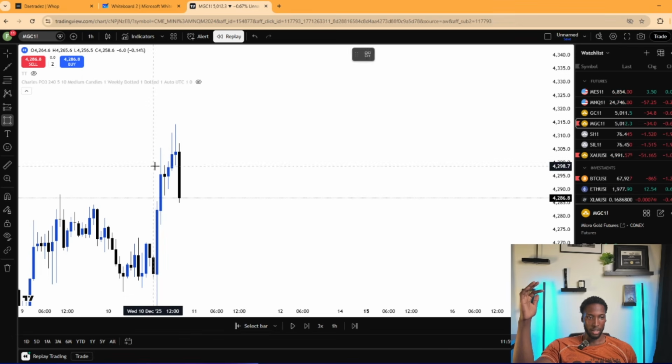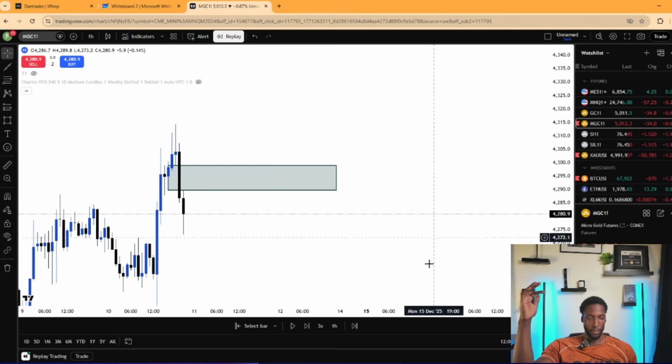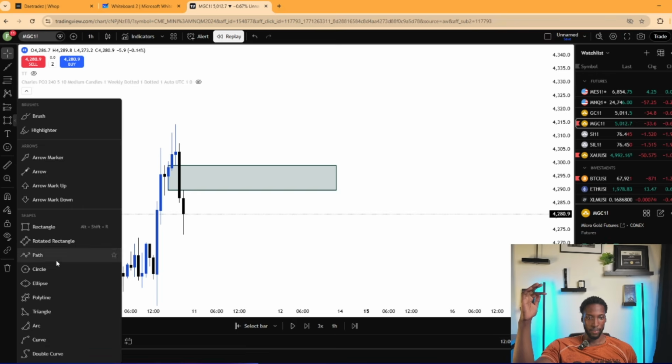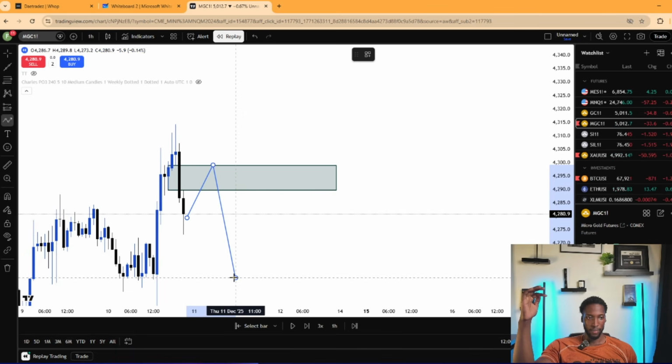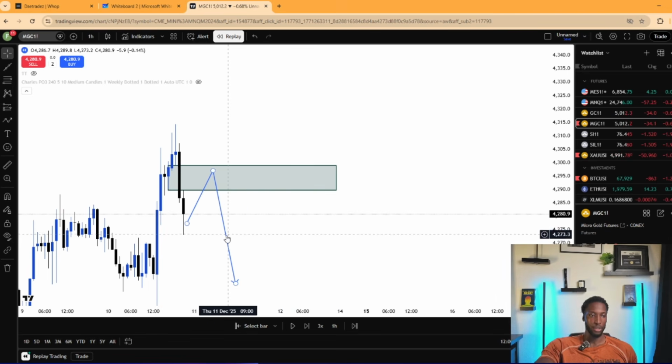This, ladies and gentlemen, is a bearish fair value gap. So what do we expect from a bearish fair value gap? We expect this, right? This is what bearish fair value gaps should do. Now, remember when I put the I in front of the FVG?